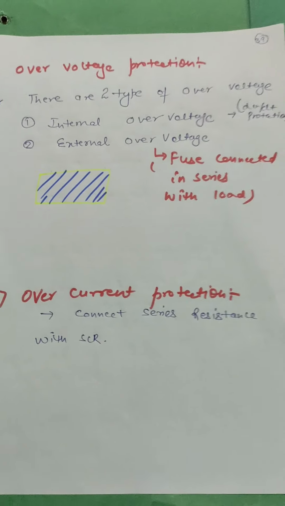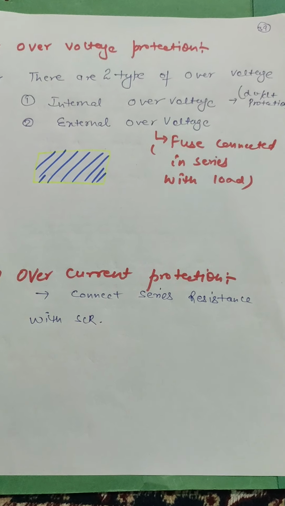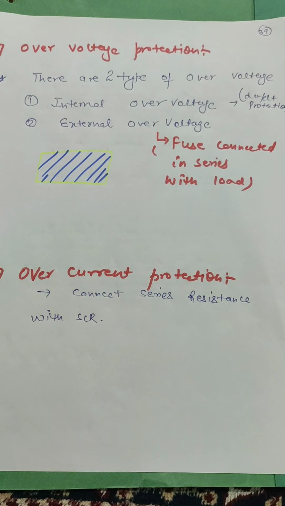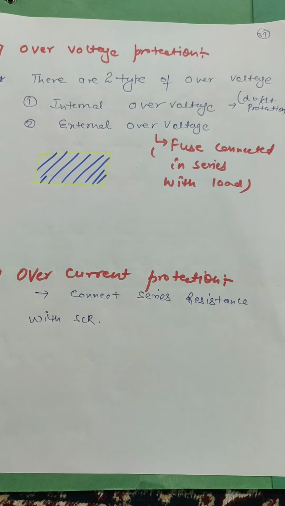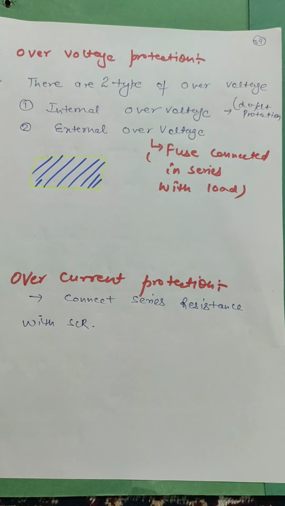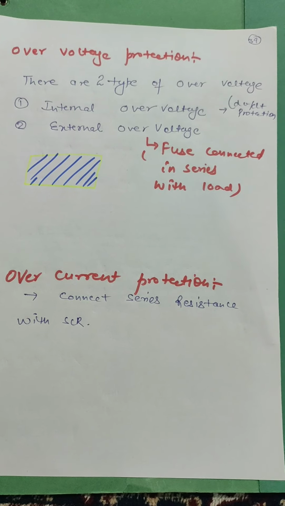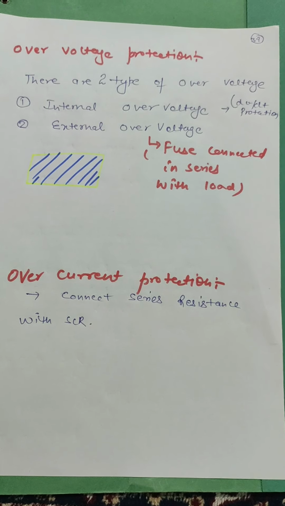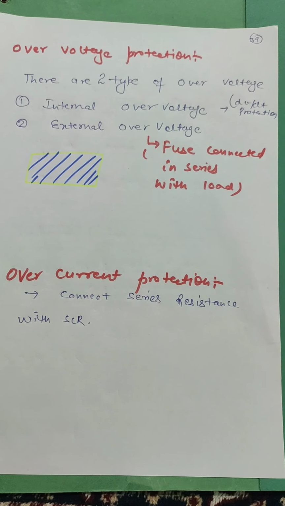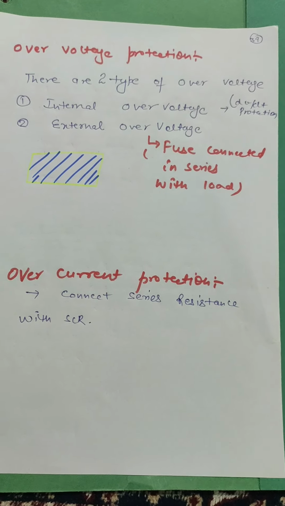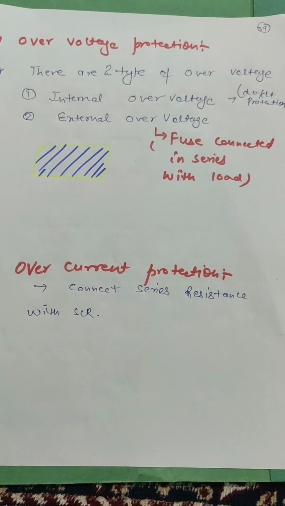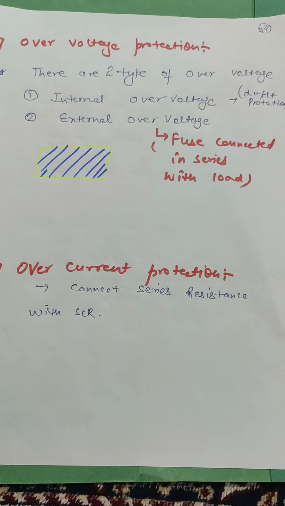Next one is over voltage protection. There are basically two types of over voltage: internal over voltage and external over voltage. Internal over voltage is handled by the dv by dt protection, as I explained earlier. External over voltage is handled by a fuse connected in series with load.